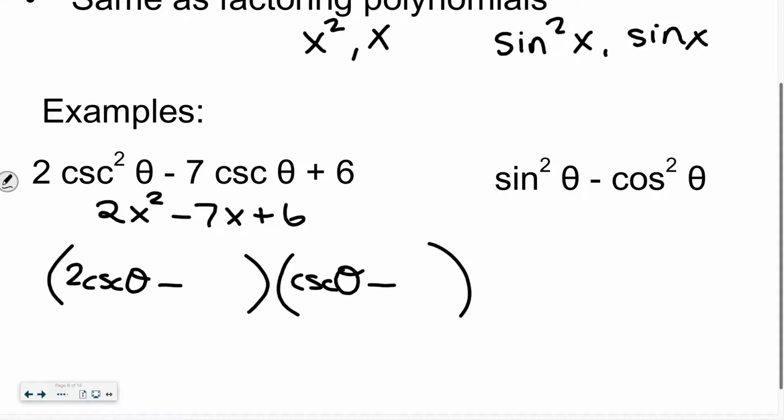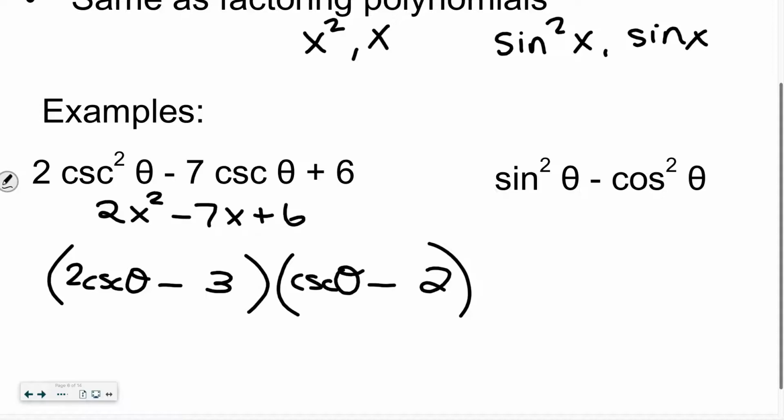If I put a 2 in this last piece here, when I FOIL it out, 2 cosecant theta times 2 will be 4 cosecant theta. And then on the inside, I'll have a 3 cosecant theta, which will get me to that negative 7 cosecant theta. And then, of course, negative 3 times negative 2 is still positive 6, so those are the factors. If you're not sure, FOIL this back out.